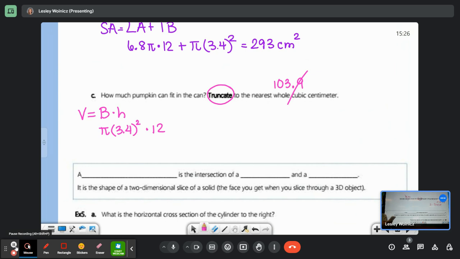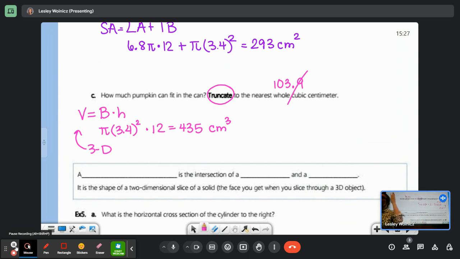I got 435. Is that what you guys got? Yeah? Okay. So what kind of centimeters? Cubic. Okay. Volume is 3D. So I need a power of 3 on my units.